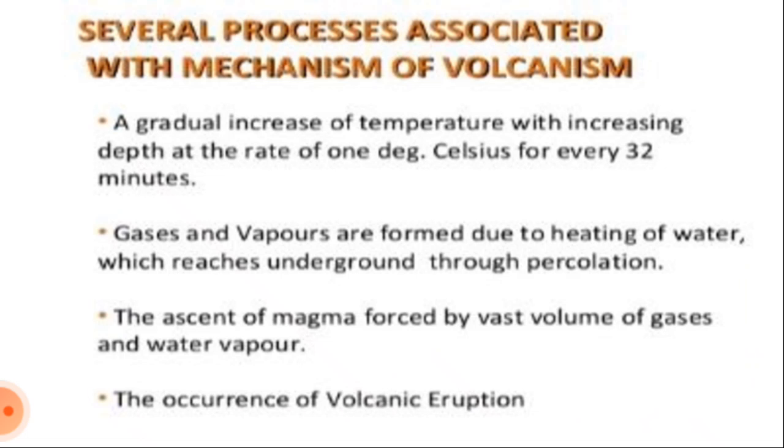That is a gradual increase of temperature with increasing depth at the rate of 1 degree Celsius for every 32 meters. Gases and vapors are formed due to heating of water, which reaches underground through percolation. The presence of magma forced by vast volume of gases and water vapor causes the occurrence of volcanic eruption.